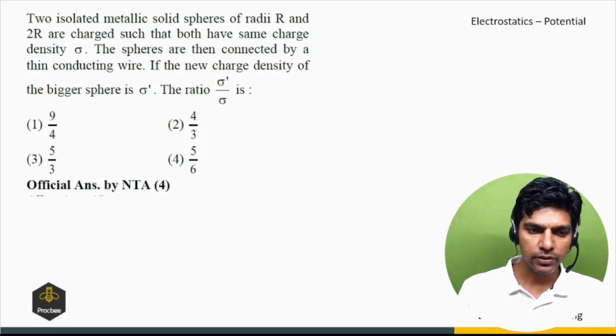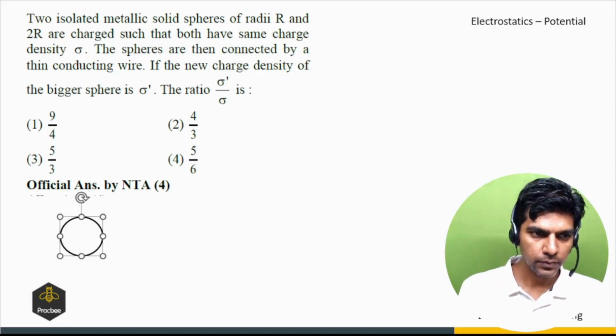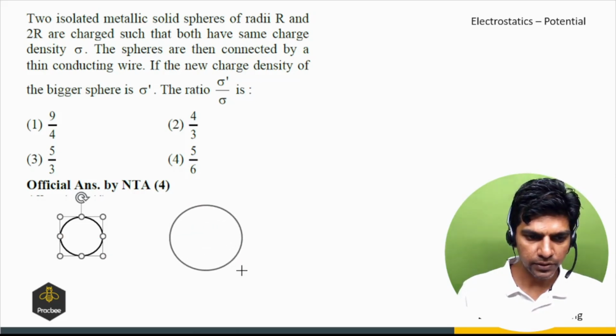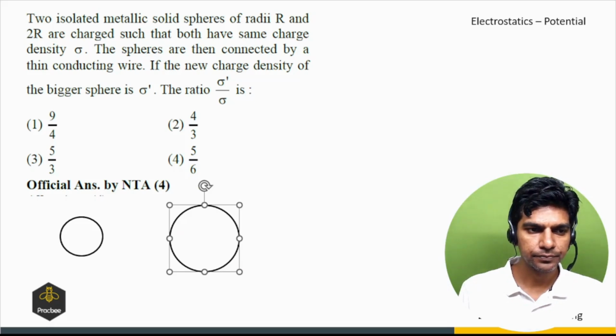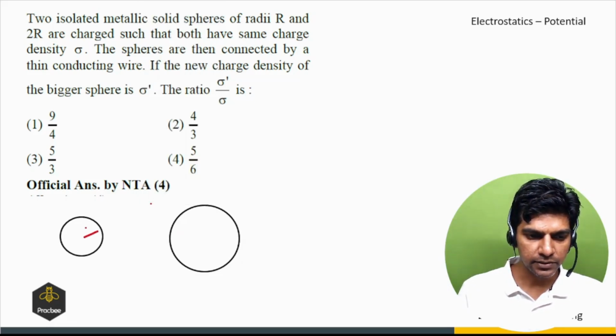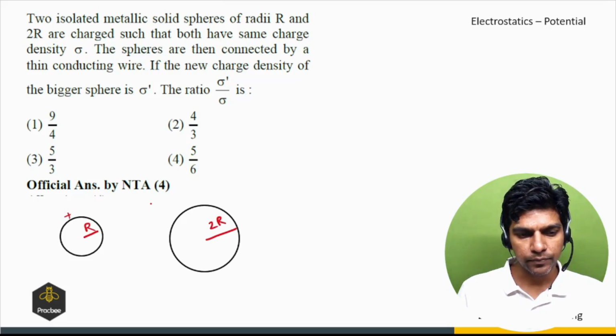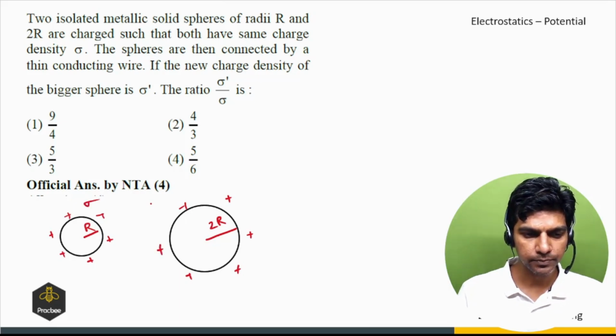So we have a small sphere and a big sphere. This sphere has a radius r, this sphere has a radius 2r, and they have the same surface charge density sigma.